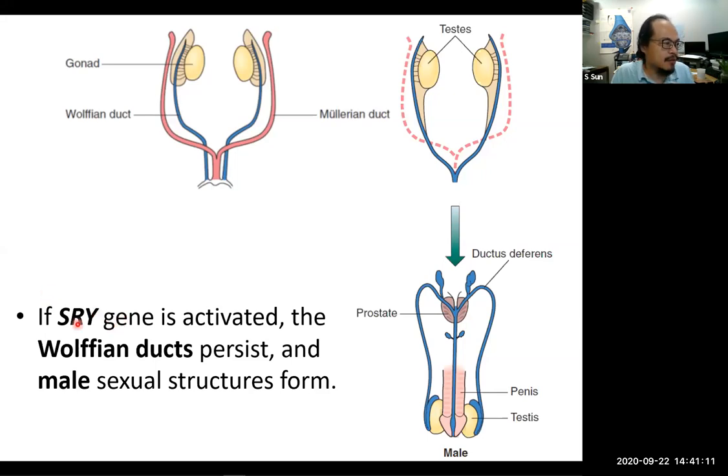The SRY gene will be transcribed into several factors, and these transcription factors will then affect other genes. Altogether, it will start to synchronize everything to move the development toward the male sex organ.